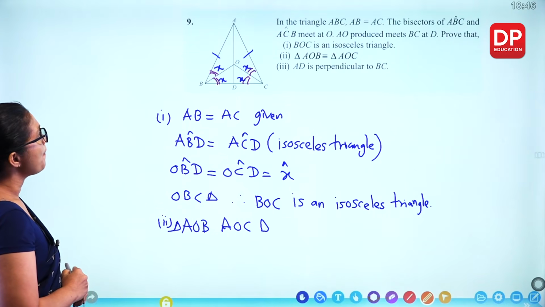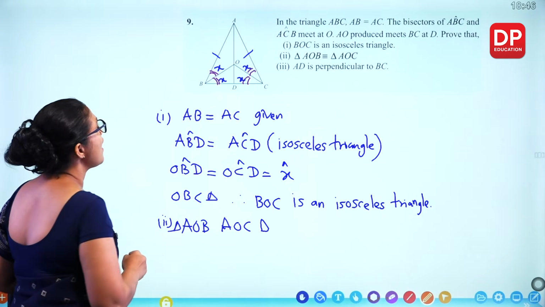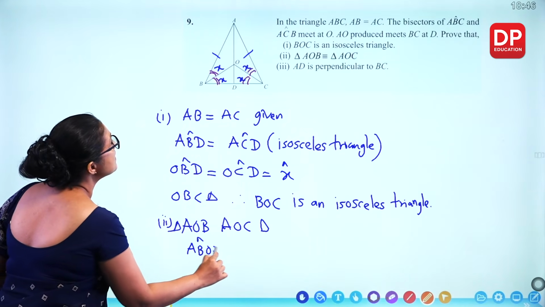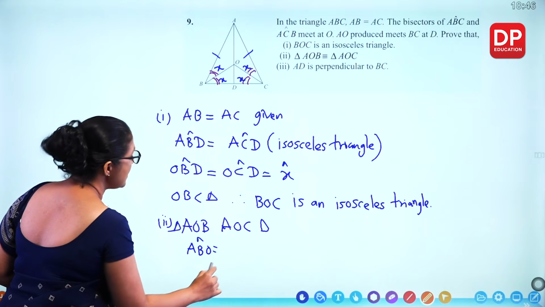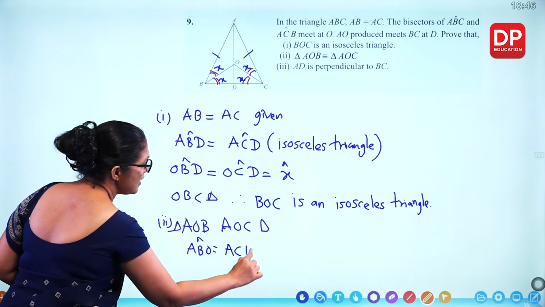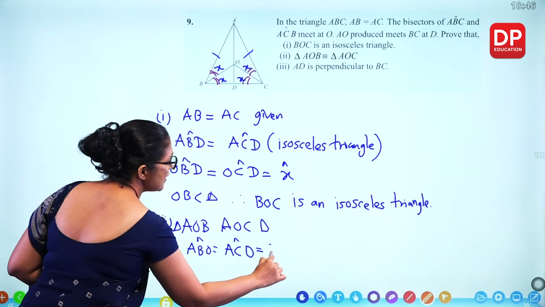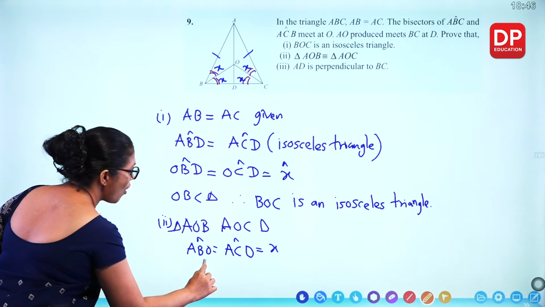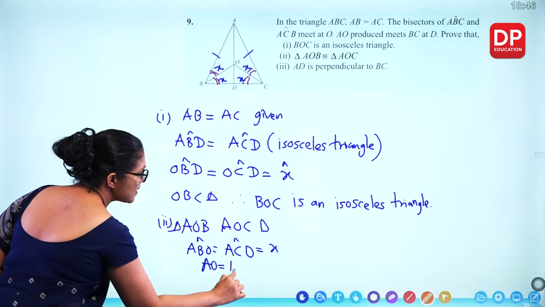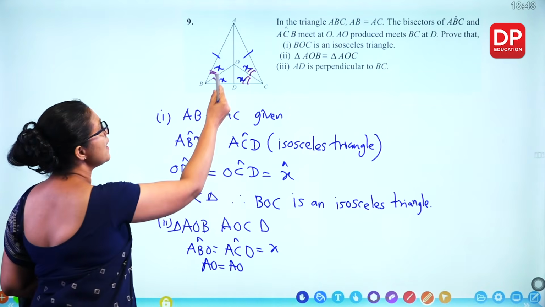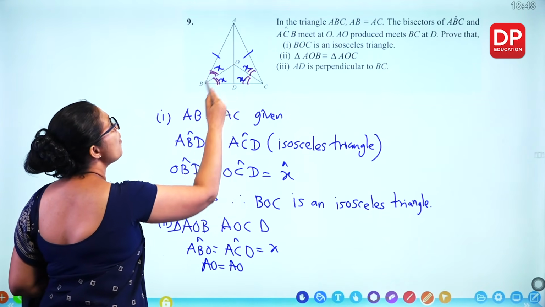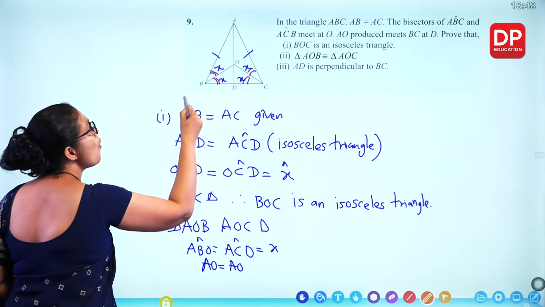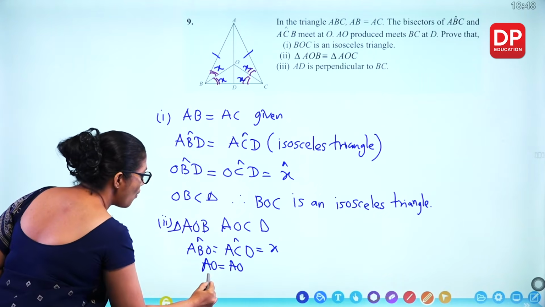When you take AOB triangle, we can see ABO angle is the same as ACO angle, that's x. And also AO is common to both sides. Now from the OBC triangle that we found is isosceles, OB length is equal to OC.